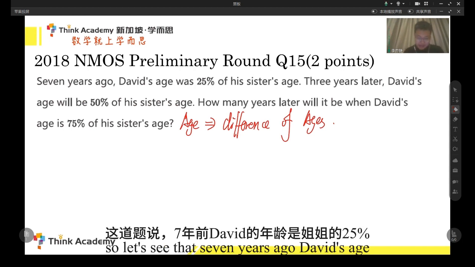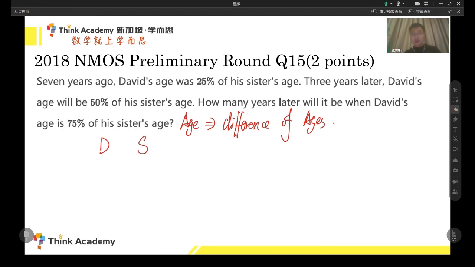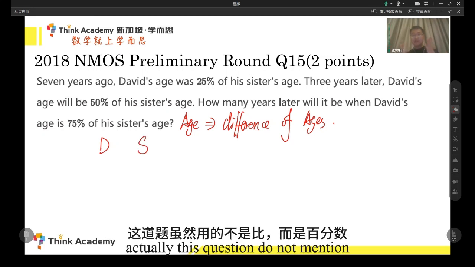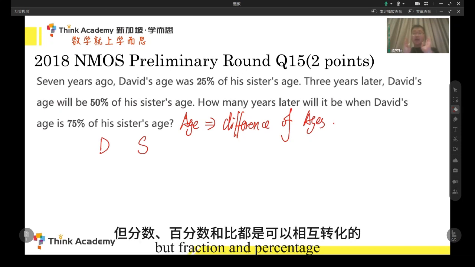So let's see, 7 years ago, David's age was 25% of his sister's age. Actually this question does not mention ratio, it's a percentage, but fraction and percentage are just different forms of ratio, right?